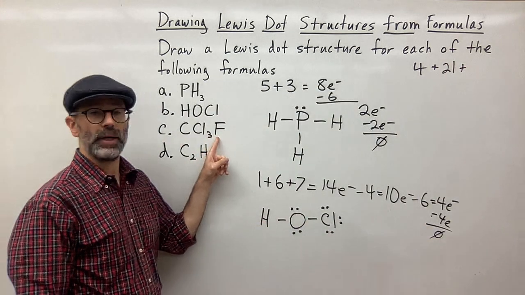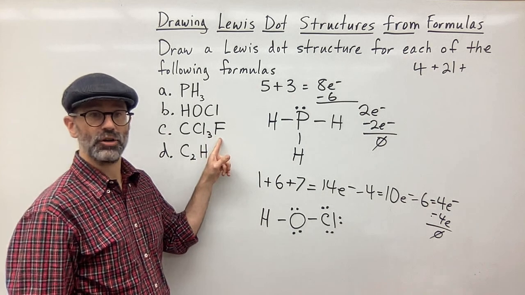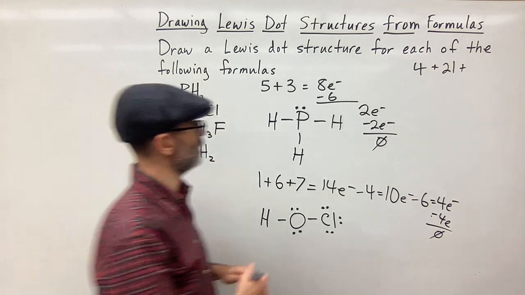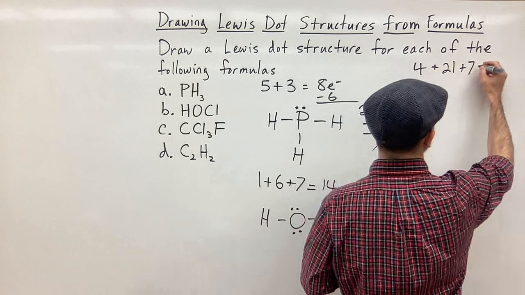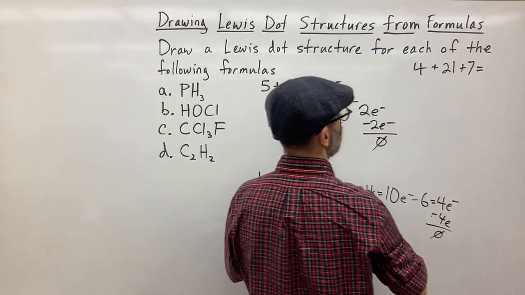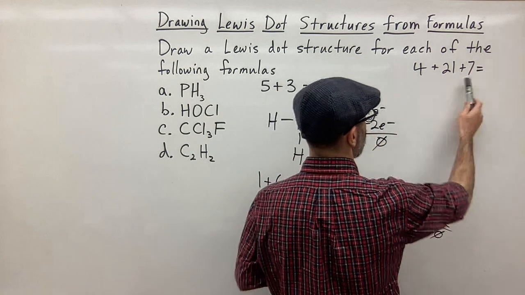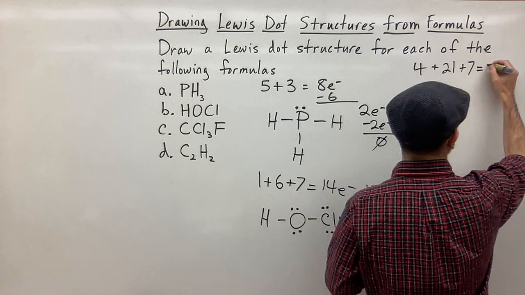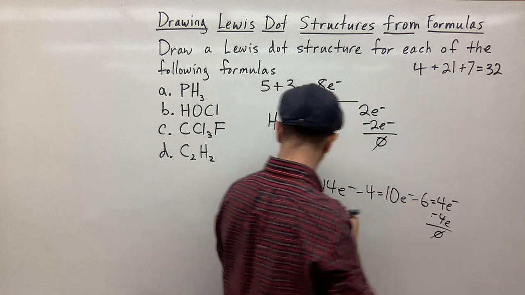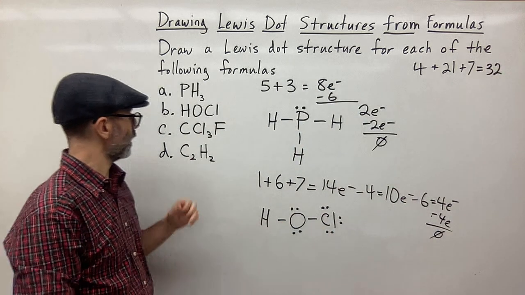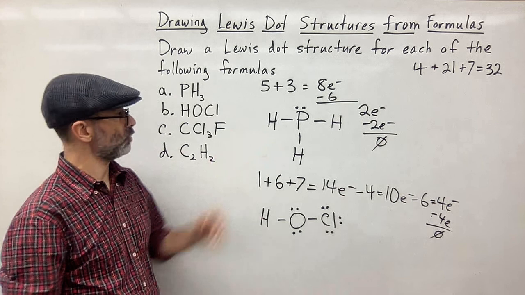And I have fluorine, which is also in group 7, so that has 7 valence electrons. So that's 21 plus 7 is 28, plus 4 is 32. Okay, so I have 32 electrons.